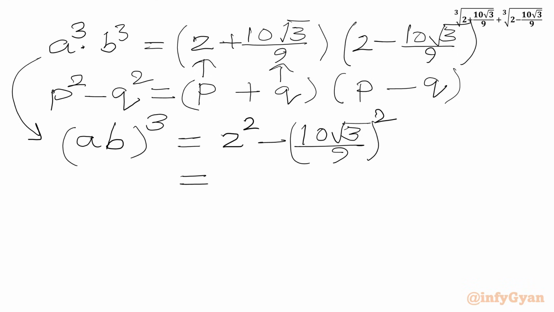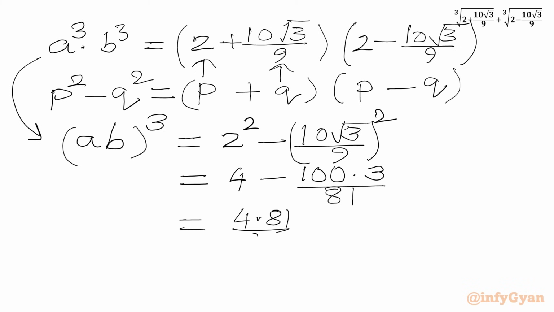So we can write here 2 square is 4, minus 10 square is 100, root 3 square is 3, 9 square is 81, which we can write equal to 4 times 81 over 81 minus 100 times 3 over 81.